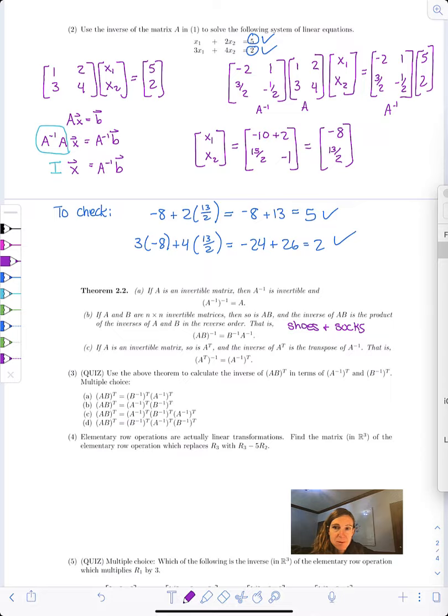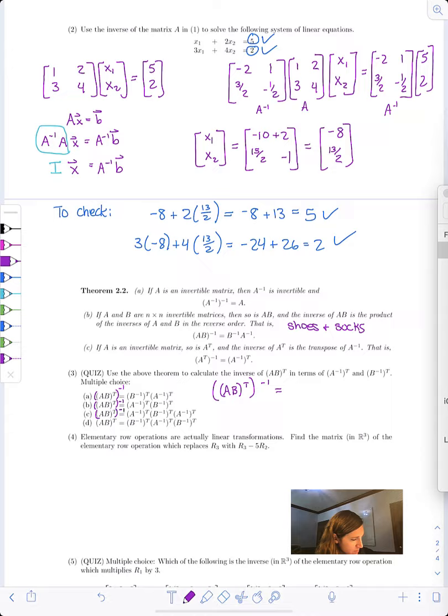And so now we have our first quiz, and you want to think about how you can go about taking the inverse of AB transpose. So this is asking you, what is AB? Oh, sorry, these should all be inverses here.